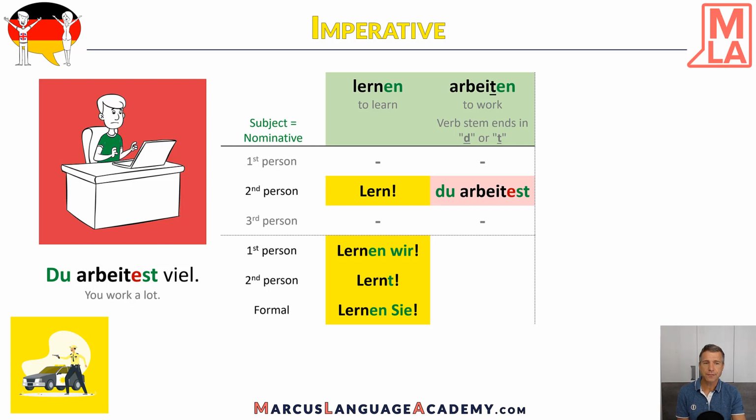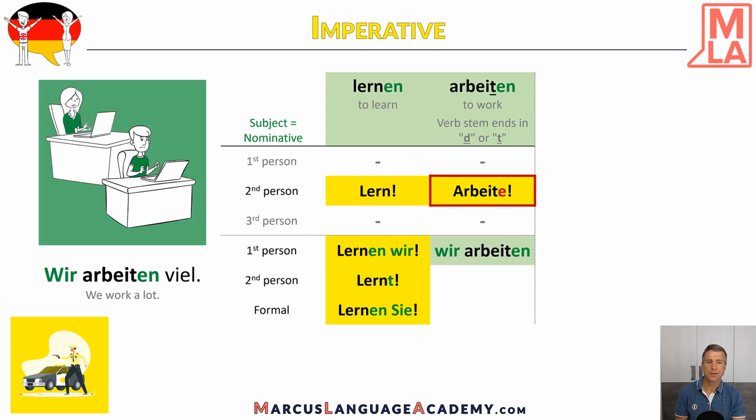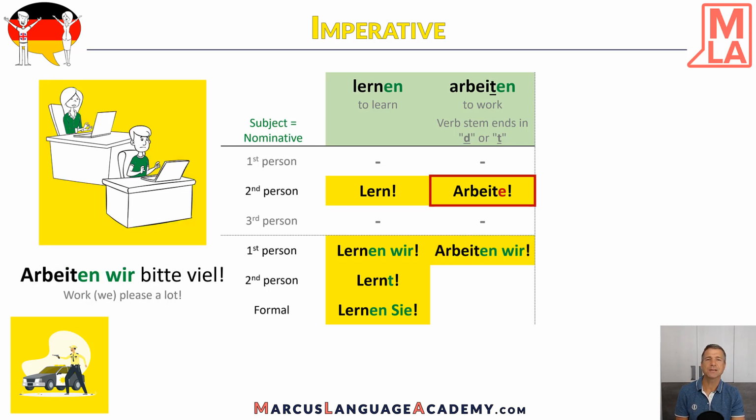In imperative it becomes arbeite. Arbeite bitte viel. You see again the du disappears and the ending st also disappears. It stays arbeite. And the reason is because in present tense we also have this E. And in plural it would be wir arbeiten, and then we have the same thing here. Arbeiten wir bitte viel.